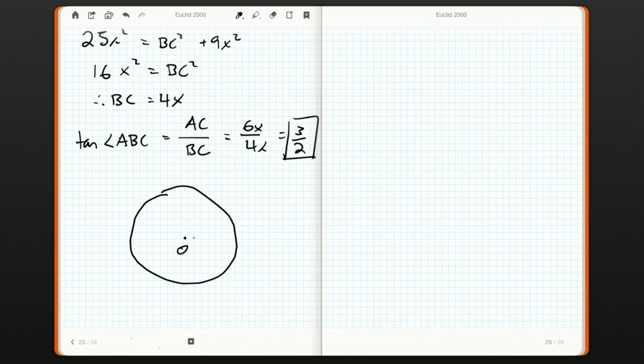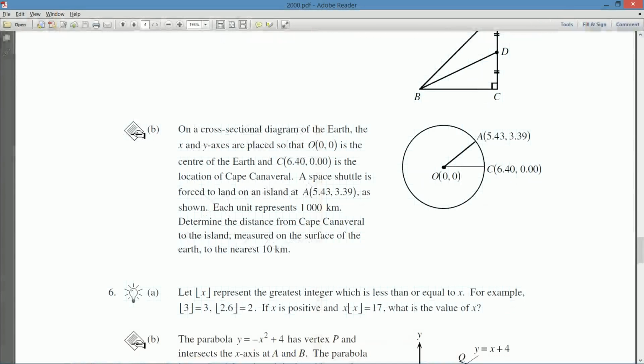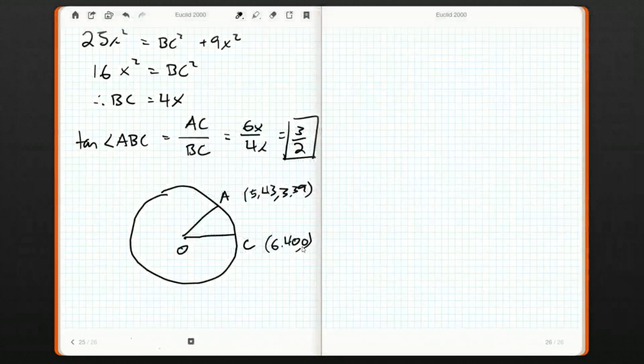Okay, so origin, C, and A up here, and that was at, I think, 5.43, 3.39, and we had 6.40, and 0. I'm not going to write the 0.00 in. Alright, let's just double check. Okay, we got our numbers correct. So what we want is, we use purple, we want this distance here, A to C, to the nearest 10.